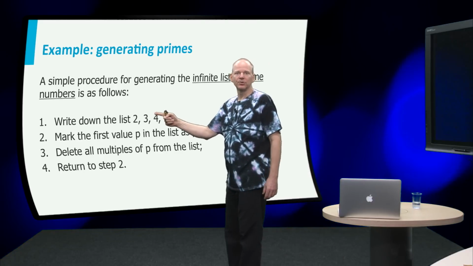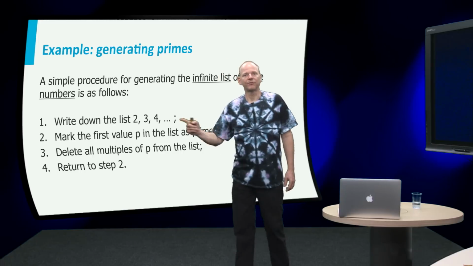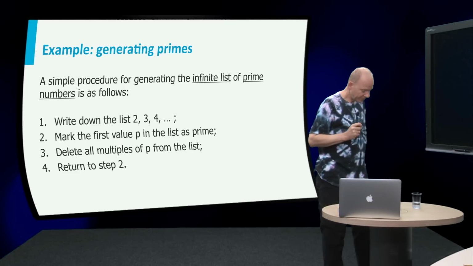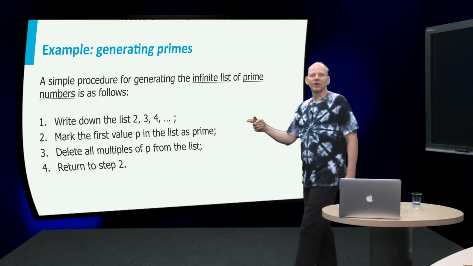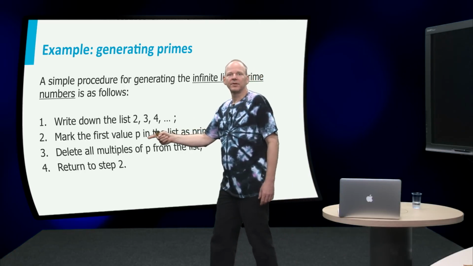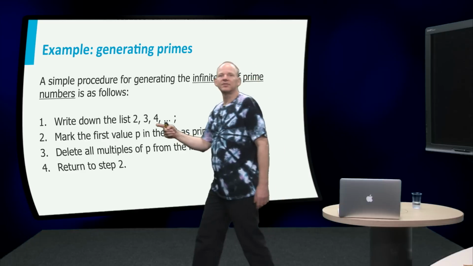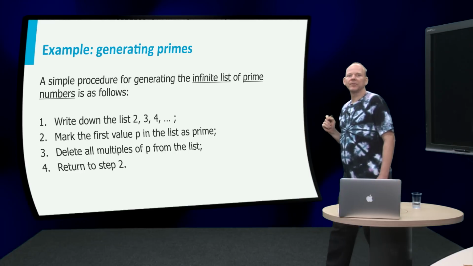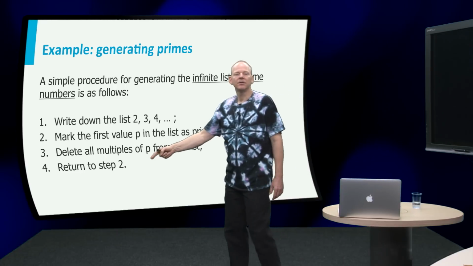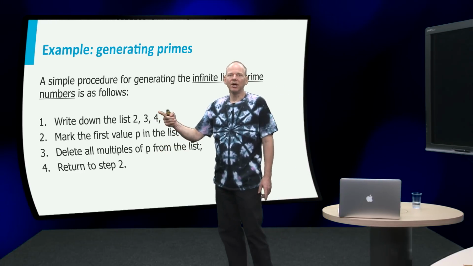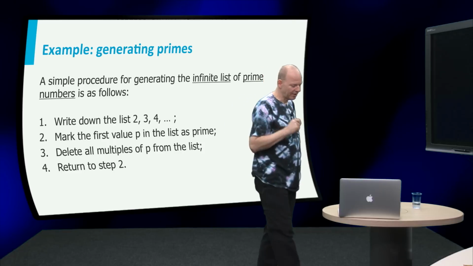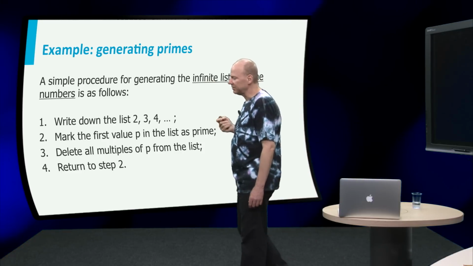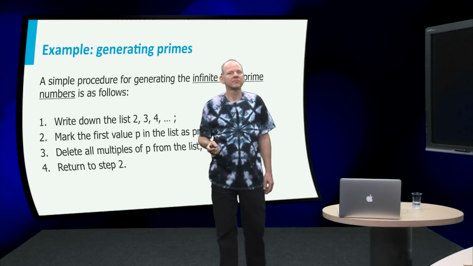So for example, 4 is a multiple of 2, so we know that 4 is not a prime number. So given the first marked prime, we're going to filter out all the multiples of that number from the list, and then we know that the next value is a prime, and then we delete all its multiples, and so on.